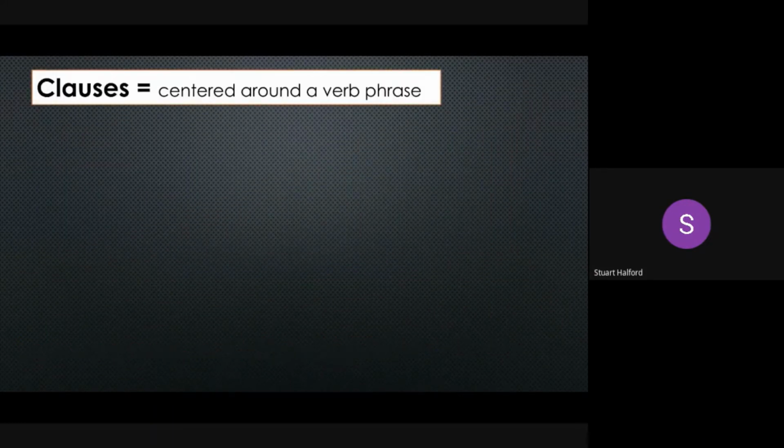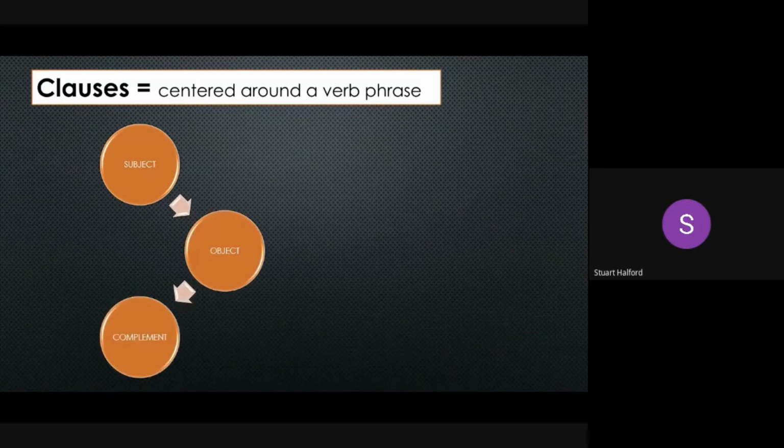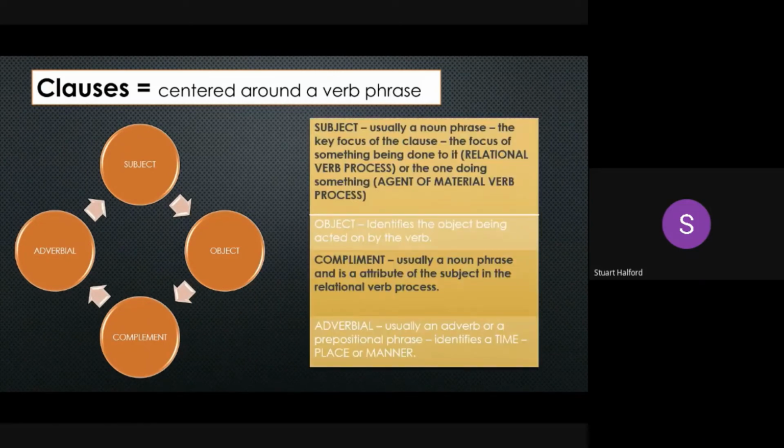So let's build up clauses now, and these tend to be centered around a verb phrase. And a verb phrase will usually consist of a subject, an object, a complement, and sometimes an adverbial, not always. So the subject then is usually a noun phrase, like we had previously, the cat.